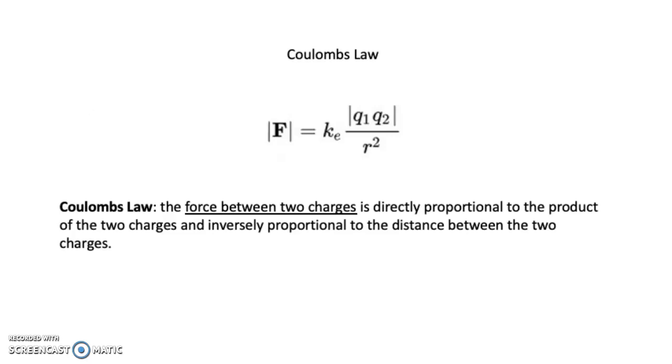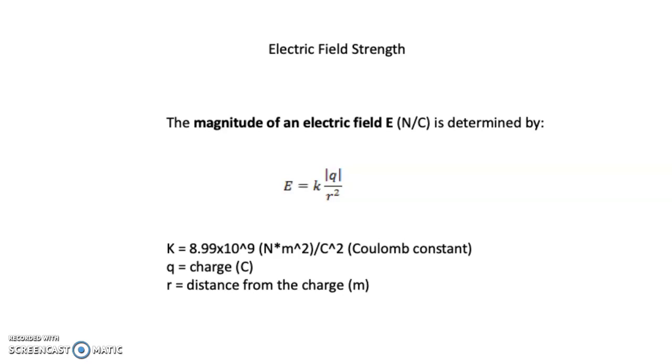Coulomb's law states that the force between two charges is directly proportional to the product of the two charges and inversely proportional to the distance between the two charges. So you'll notice that the first part of this equation, the K, Q1, and R squared, came directly from the electric field equation.